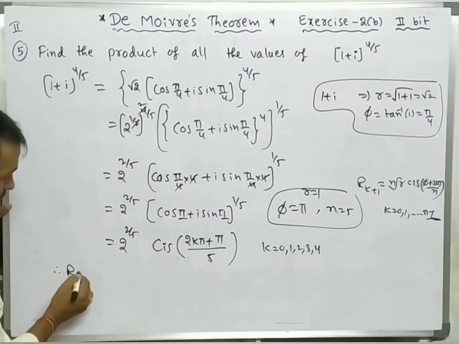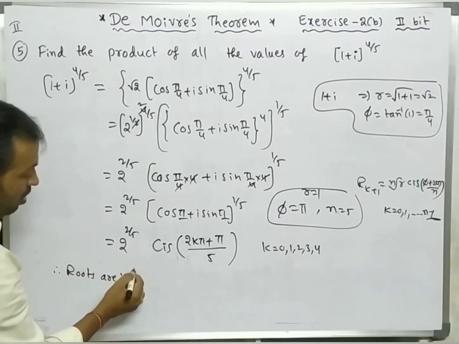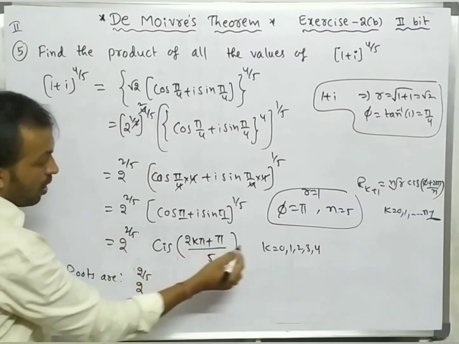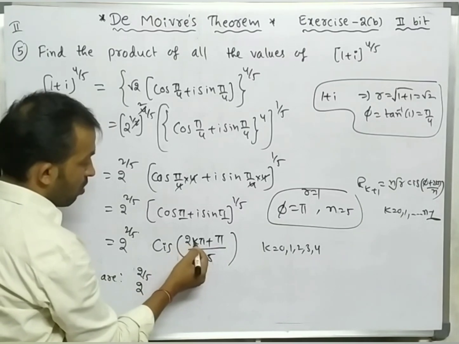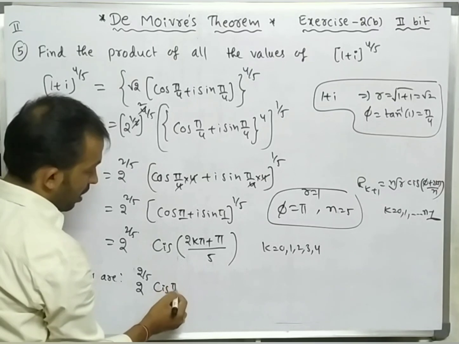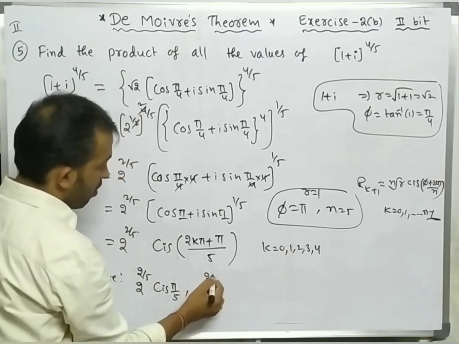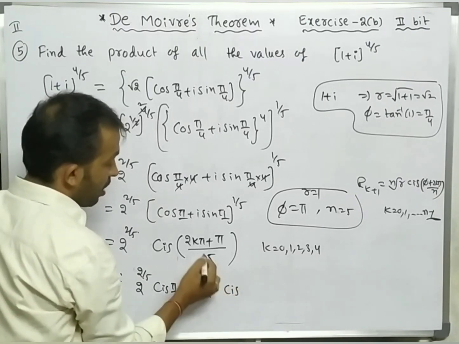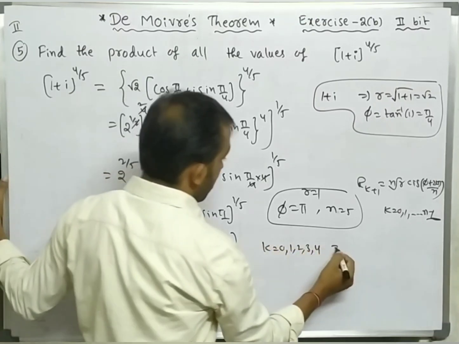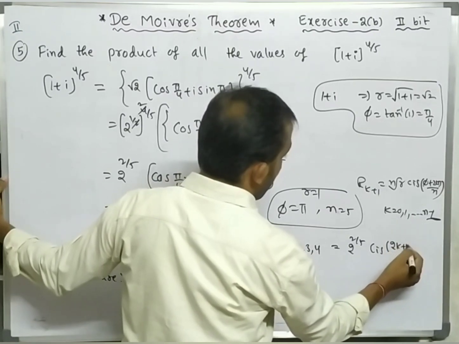Therefore the roots are: first, 2 power 2 by 5 cis of pi by 5, taking k equal to 0. Next, if we take k equal to 1, we get 2 power 2 by 5 cis of 3 pi by 5, an odd multiple. This can be written as 2 power 2 by 5 cis of (2k plus 1) pi by 5.